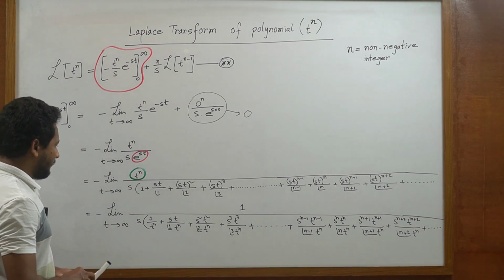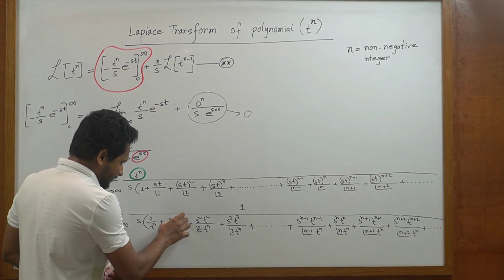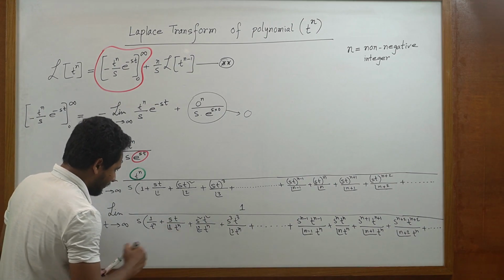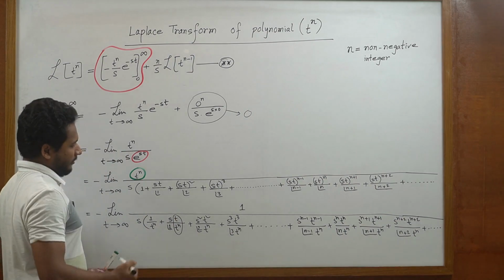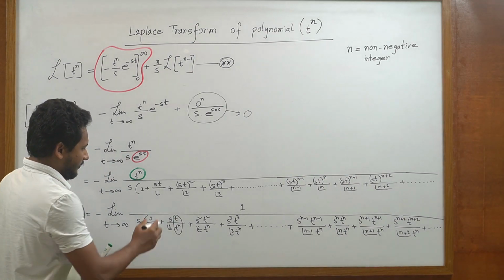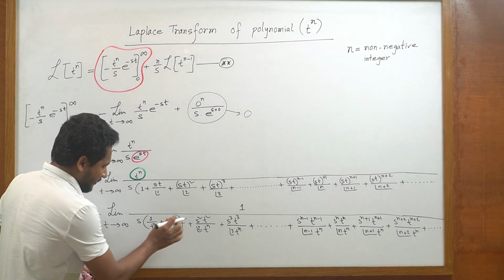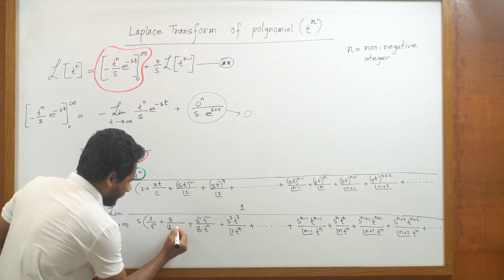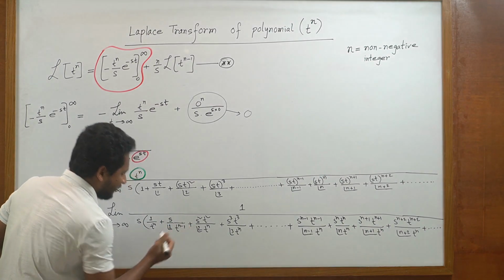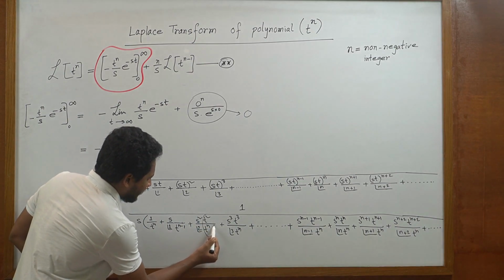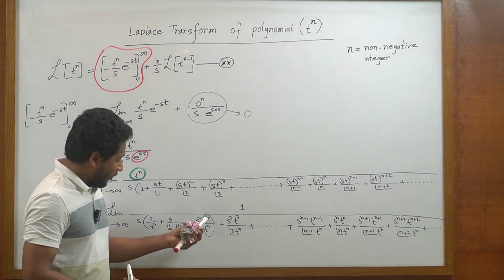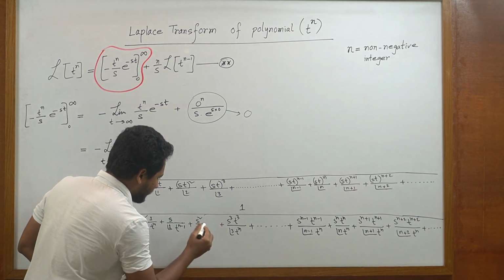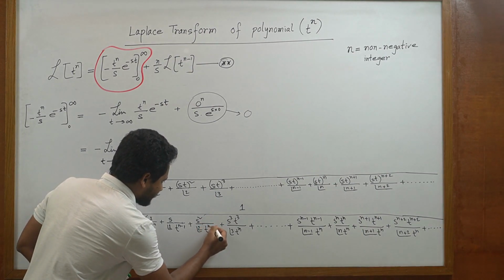Now we will simplify each and every term in the denominator. In this term, t to the power n minus 1 is in the denominator, so this will be t to the power n minus 1, and this part will be t to the power 1 by t to the power n, that means we will write 1 by t to the power n minus 2.